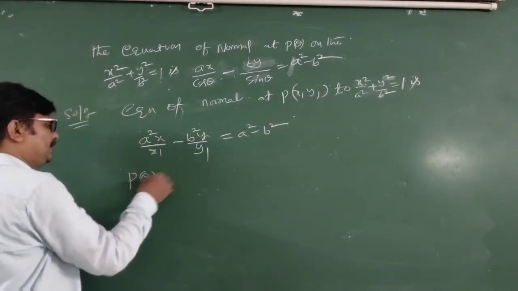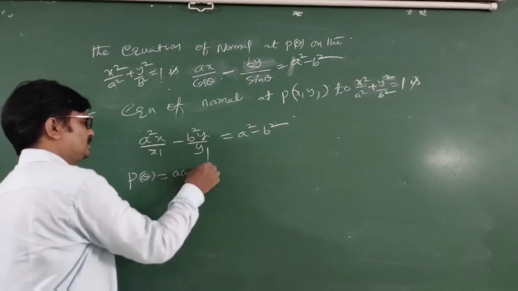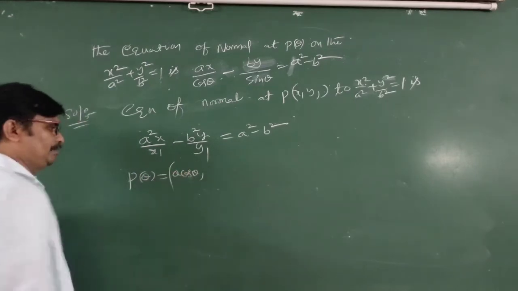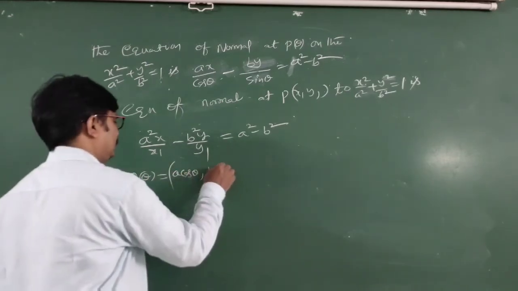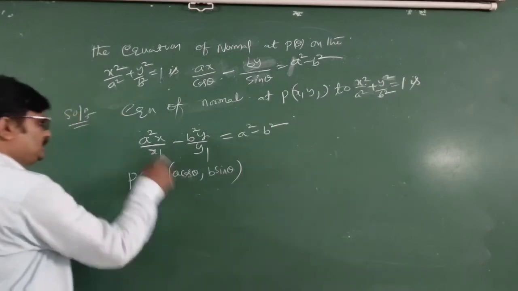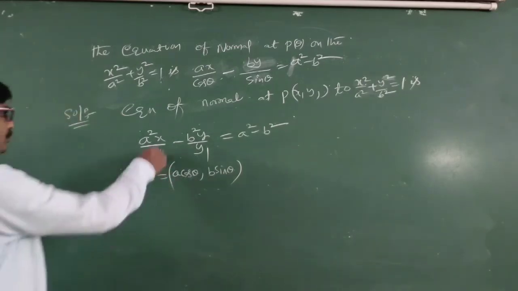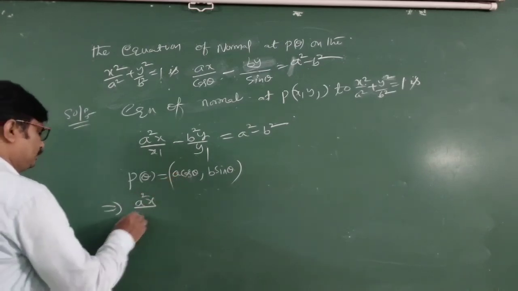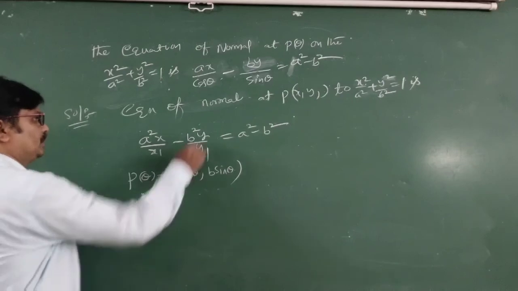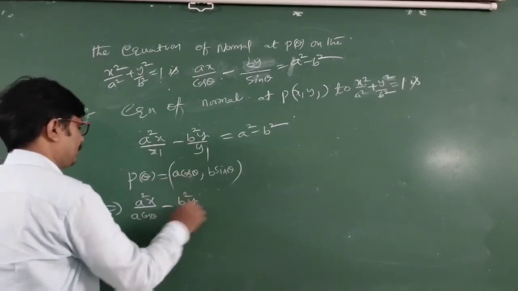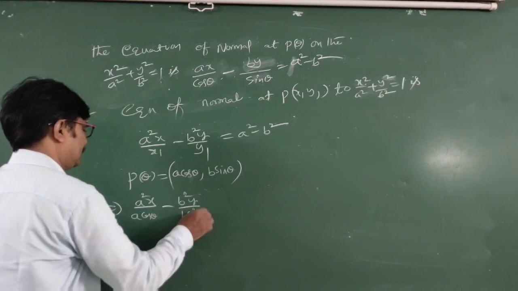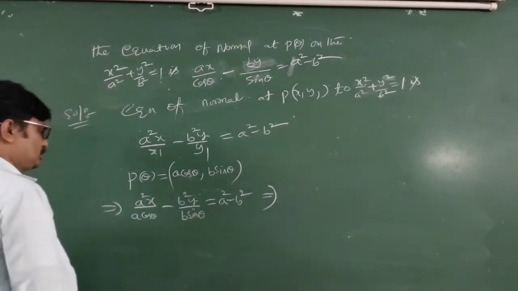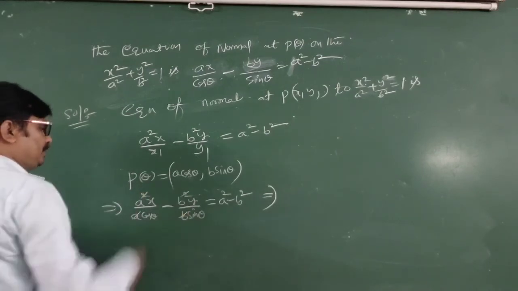The parametric point P(θ) to the ellipse is (a cos θ, b sin θ). Substituting this in, we get a²x by a cos θ minus b²y by b sin θ equal to a² minus b². The a cancels and the b cancels.